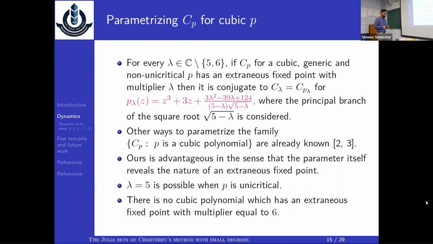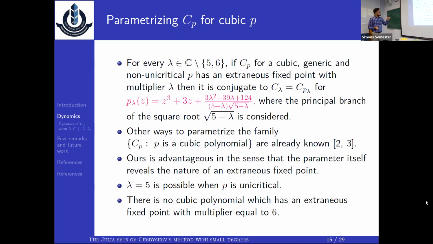Actually, there are several parameterizations. One of the well studied parameters is this one, (lambda minus 1)z minus lambda, where lambda belongs to C. And these parameters are also being studied, but for our case this is more profitable because from this parameter we get an idea about an extraneous fixed point of CP.